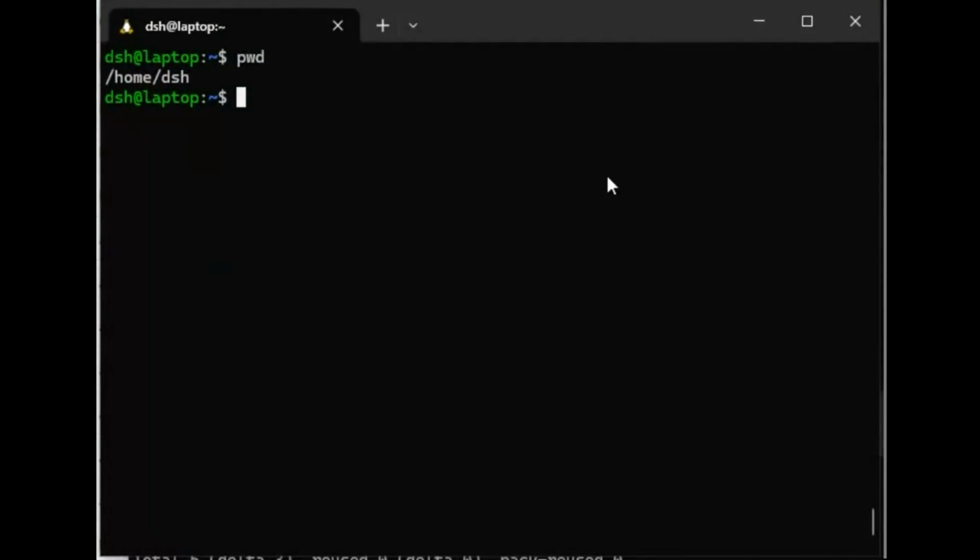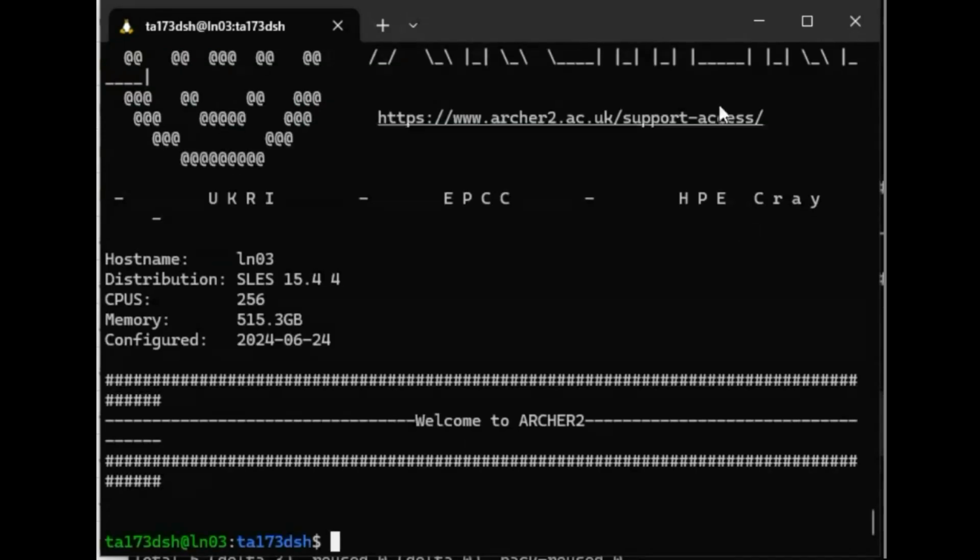I'm going to SSH into ARCHER2. My account is called TA073DSH, at login.archer2.ac.uk. Sorry, TA173, isn't it? 173. I've already logged in today, so it didn't ask me for my TOTP code.